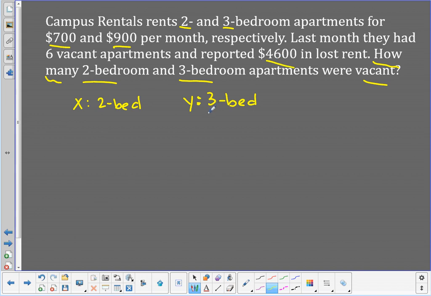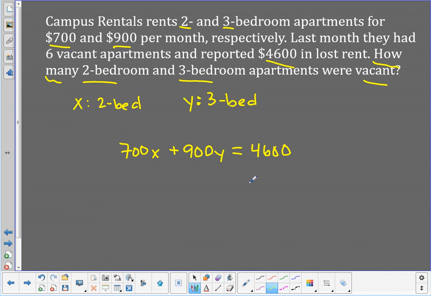Okay, so I can make one equation with the money that has to do with this whole situation. I can say that there's $700 times every X plus $900 times every Y. $700 for 2 bedroom, $900 for 3 bedroom. And all together, they totaled $4,600 loss in rent.